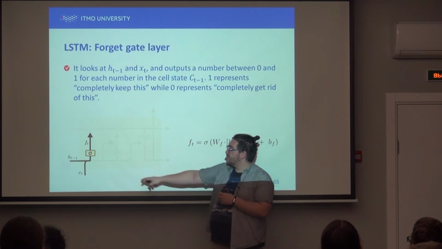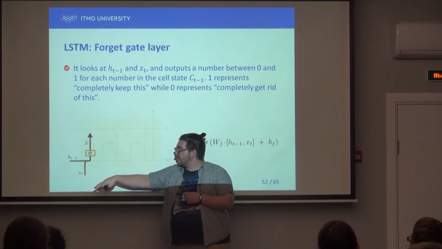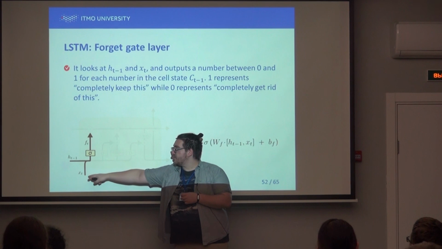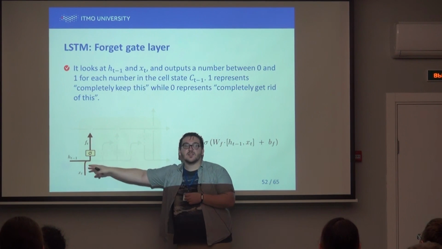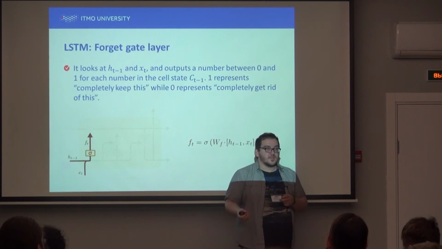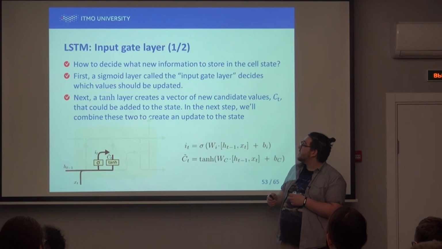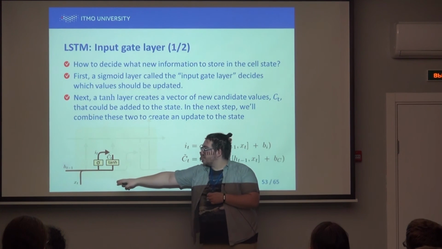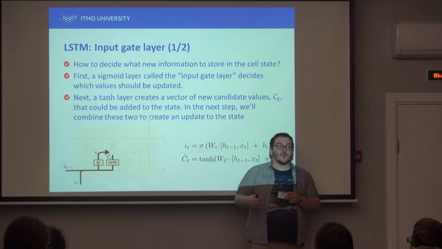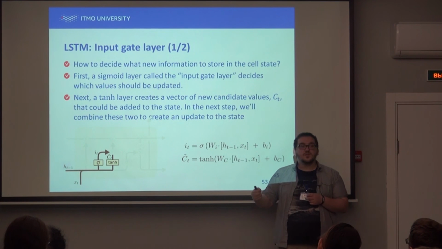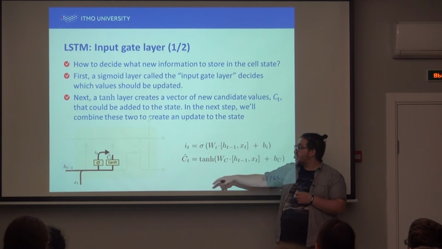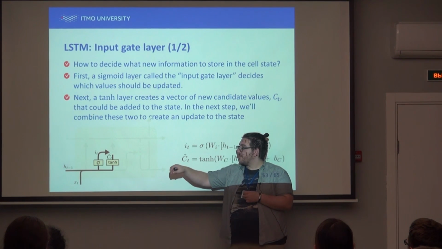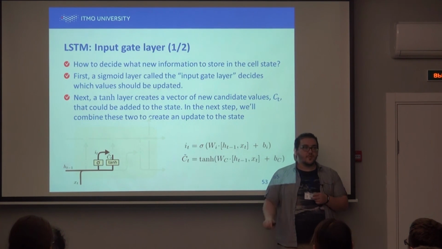It has input from our previous output and a new object, and it decides what we want to forget. After that, we have the input gate. It tells us what we want to add to our memories, which objects we want to add, and how important these objects are to our memory.